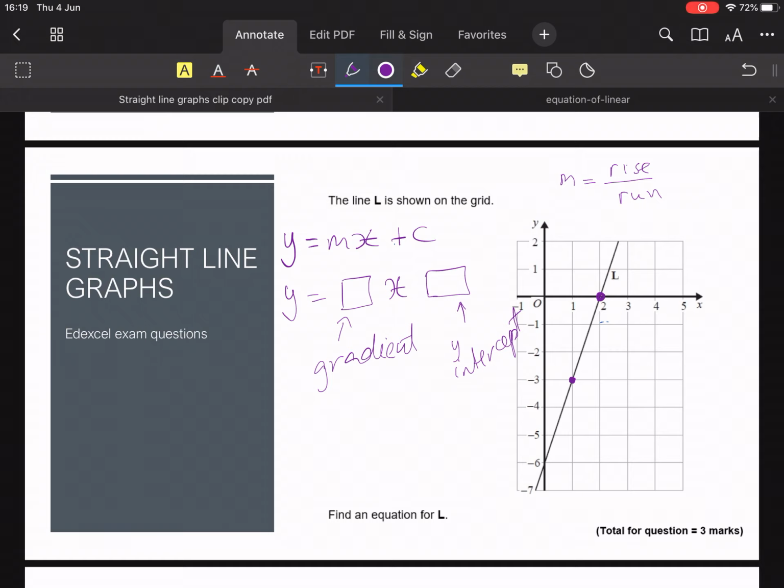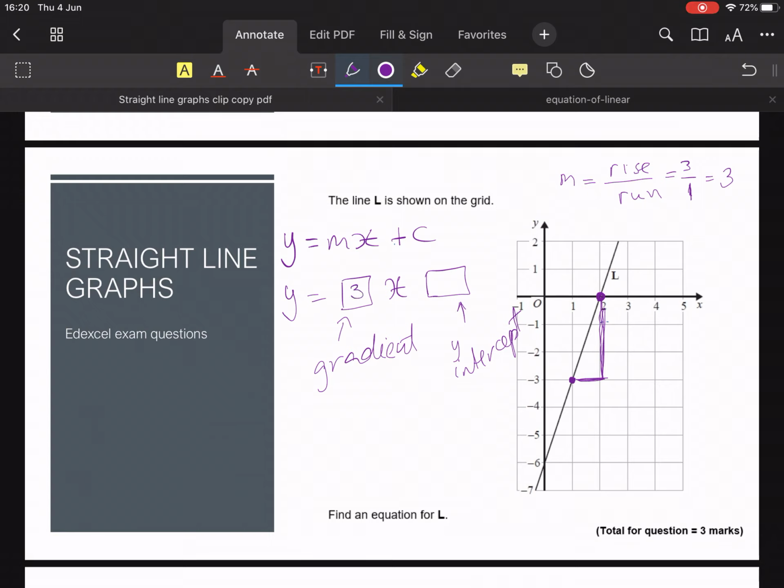Rise is how many you're going in a vertical direction, which is 3, and run is how many you're going in a horizontal direction to get from one point to the other. Horizontally we're going 1. 3 divided by 1 is 3. I'm checking my line is going up, so this means it's a positive gradient, so the gradient is positive 3.